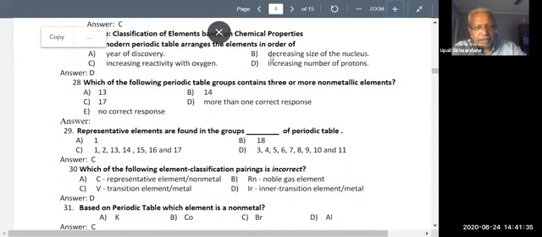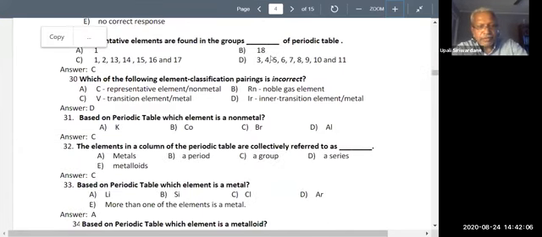Now in the periodic table, groups 1, 2, and 13 to 17, excluding the noble gases, are called representative elements. You will understand a little bit more when you do that. Based on the periodic table, which element is a non-metal? Number 31.